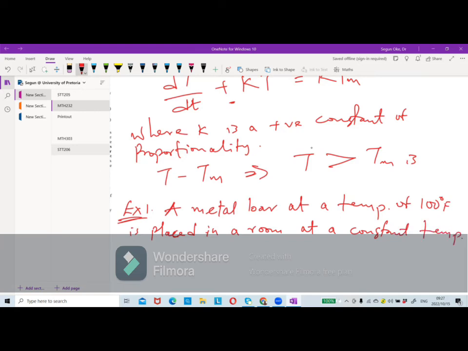If after 20 minutes the temperature of the bar is 50 degrees Fahrenheit.